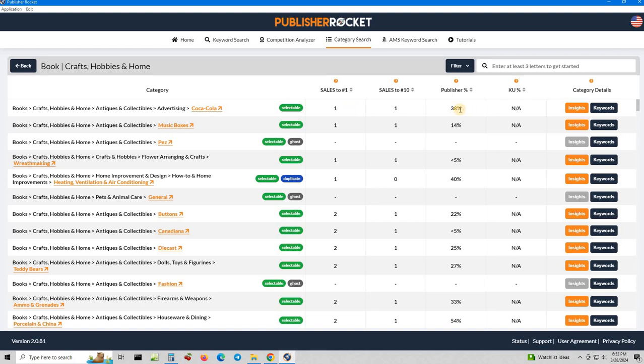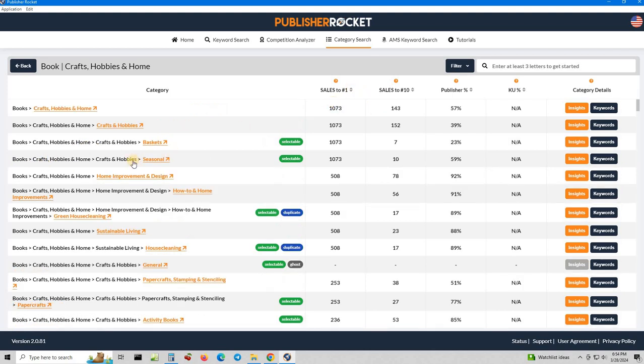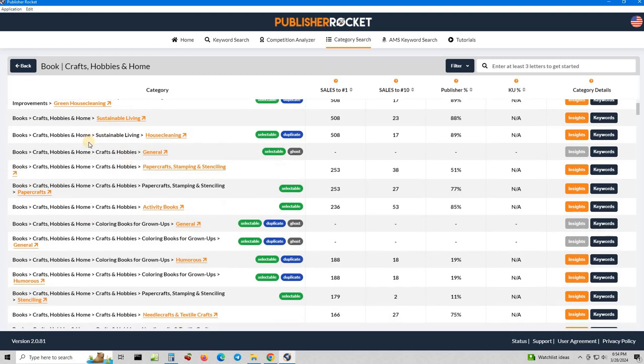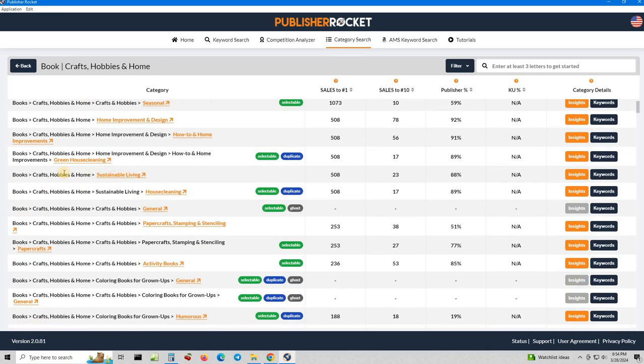One sale per day. Interesting. This might be a good one here. Sustainable living. Pretty competitive, but you can target the category with ads.